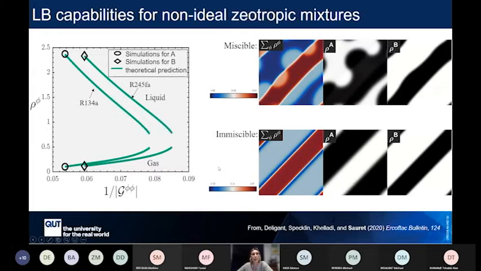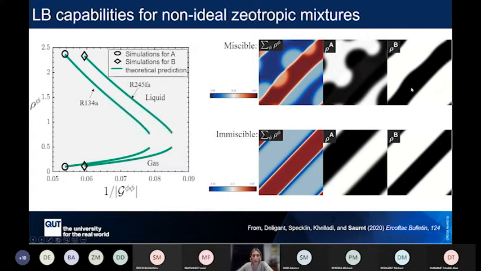This case is even more interesting because we've got two different components, so two different fluids, and we also looked at two different phases, so gas and liquid. And so we looked at miscible and immiscible cases where we've got the two different components and the two different phases all together in one simulation.